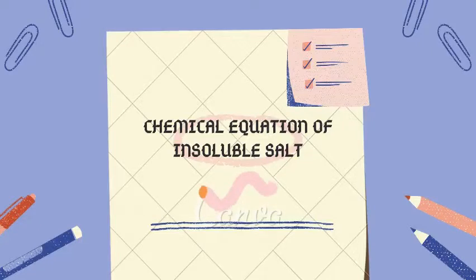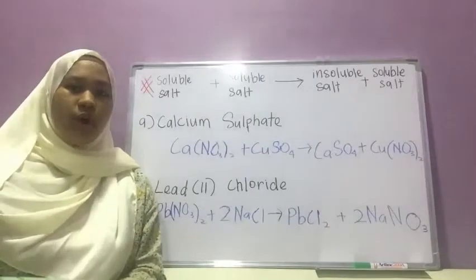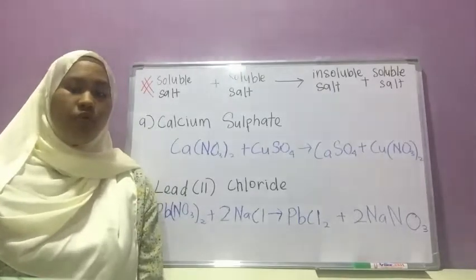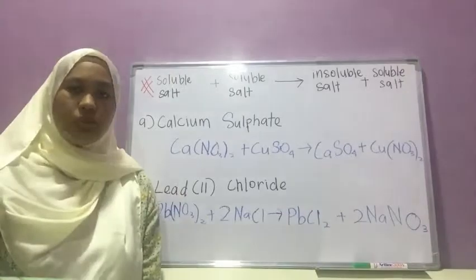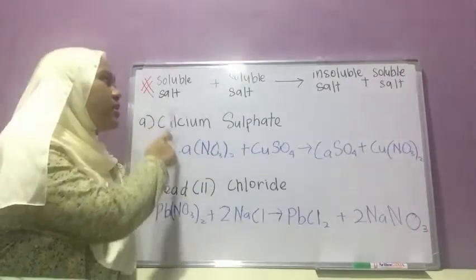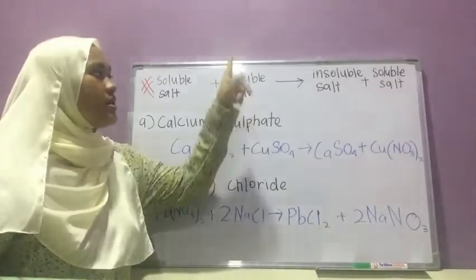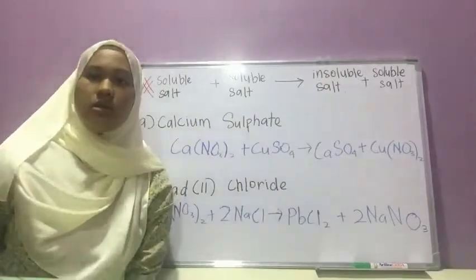So now let's move on to the chemical equation of insoluble salts. Before that, you must remember that to make the insoluble salts, you must have soluble salt plus soluble salt, and it will become insoluble salt plus soluble salt.